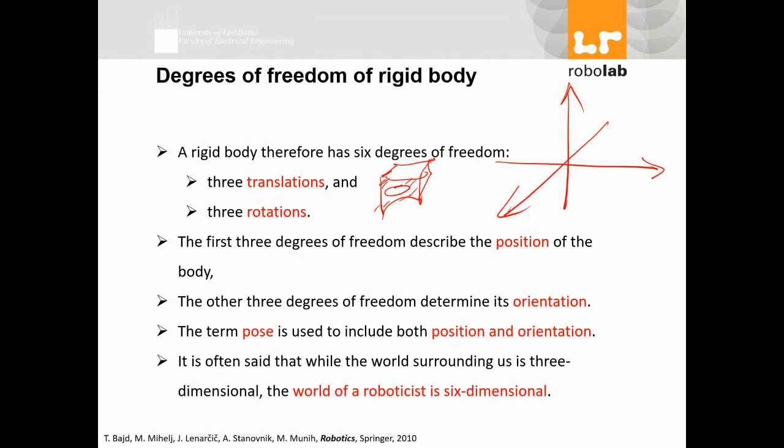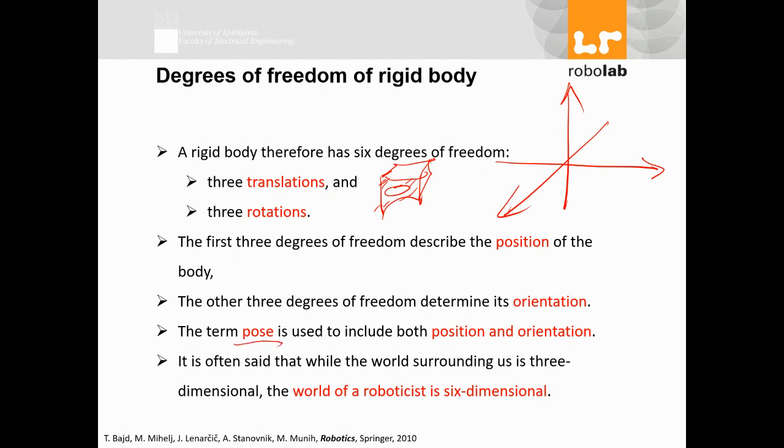You also have to talk about the orientation of the object. So the first 3 degrees of freedom describe the position of the body, and the other 3 degrees of freedom determine the orientation of the particle or object we have.